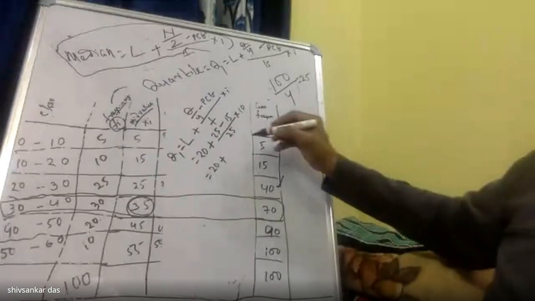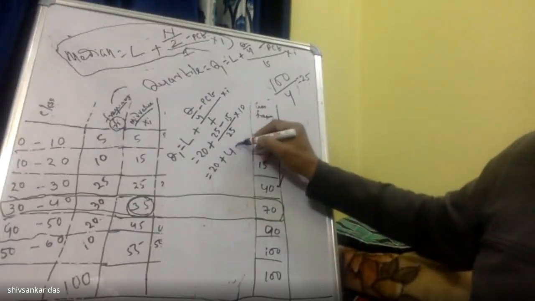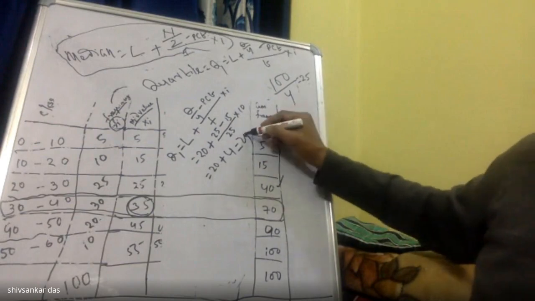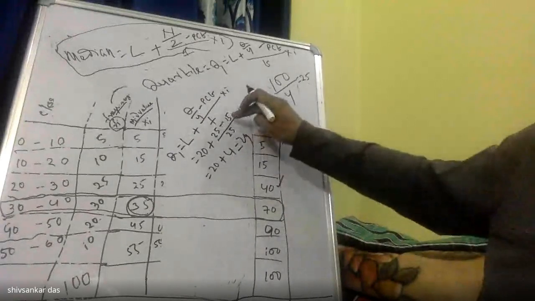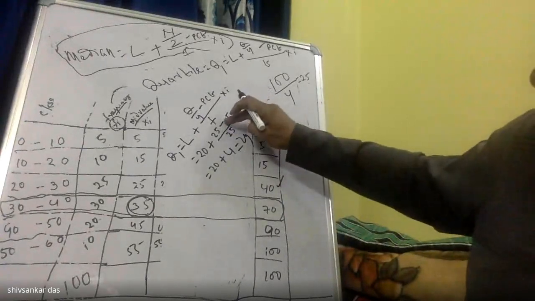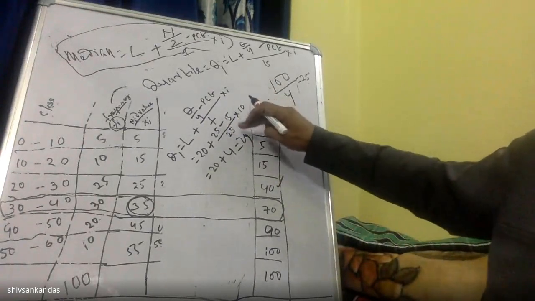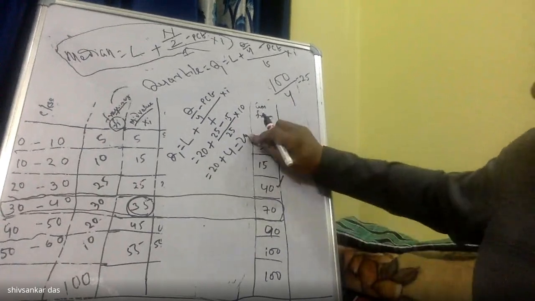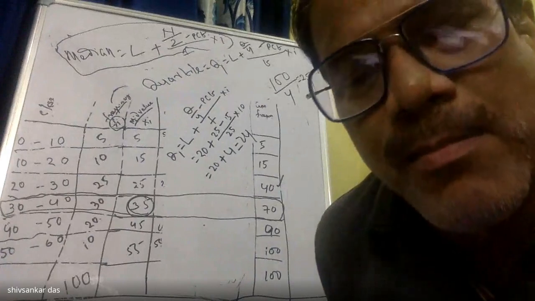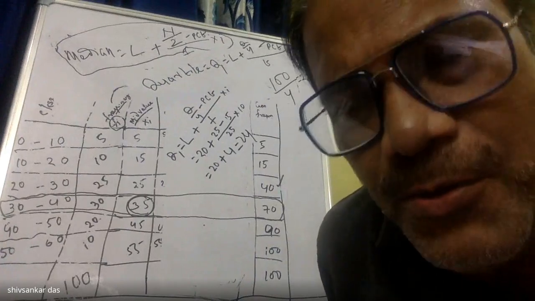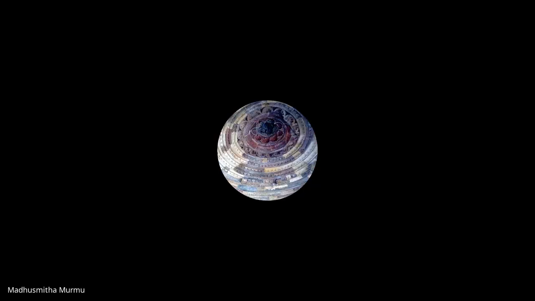That is equal to 20 plus 4, which is 24. Am I right? 100 divided by 4, 24. Any doubt? No, sir.